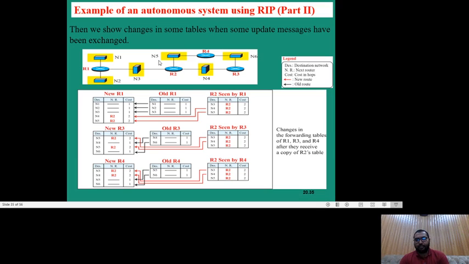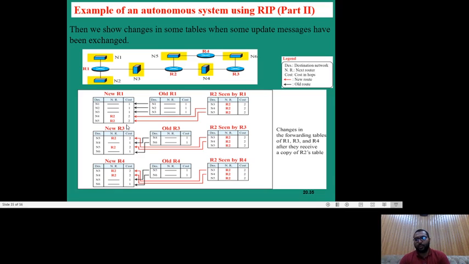N4 and N5: any node from these networks in N2 can reach there, and the number of hops, the total cost, will be 2. Two routers are involved in between. So here you can see two networks, N4 and N5, and any communication can be established over there.